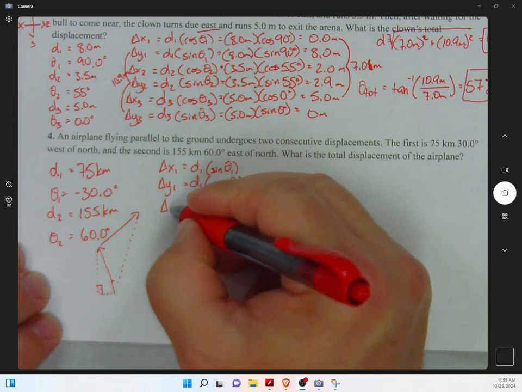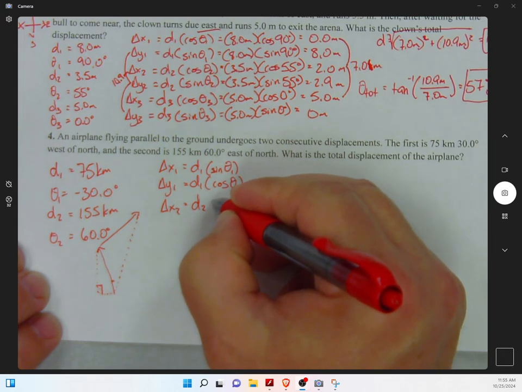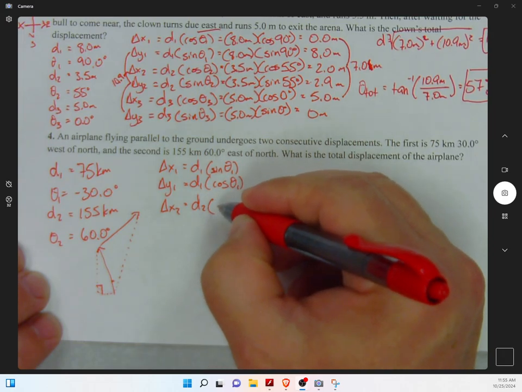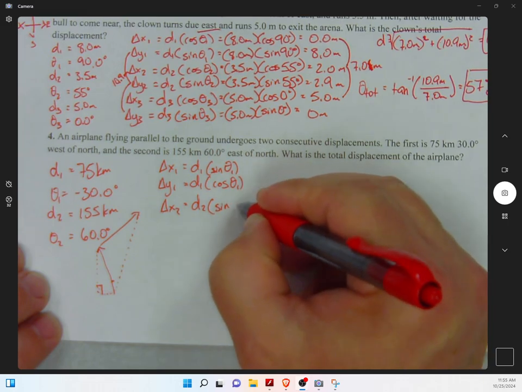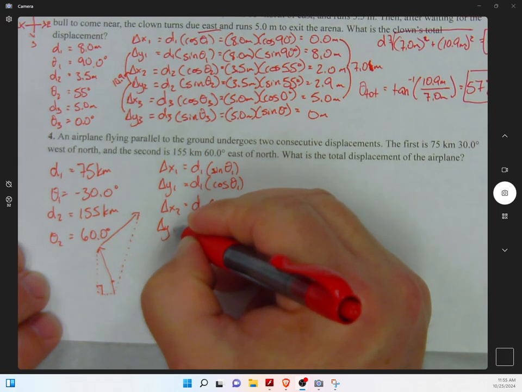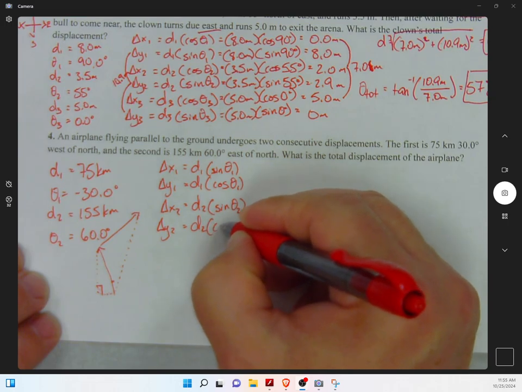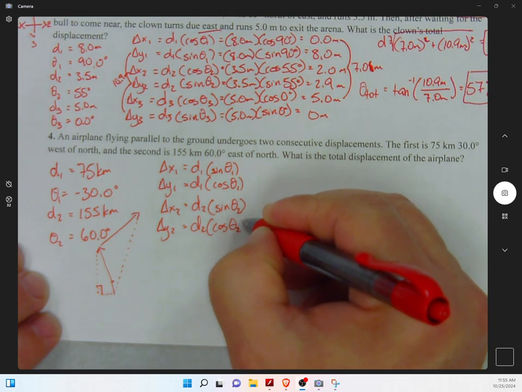And for our second movement, second delta x, it's going to be our second displacement times the sine of the second angle. And delta y is the second displacement times the cosine of the second angle.